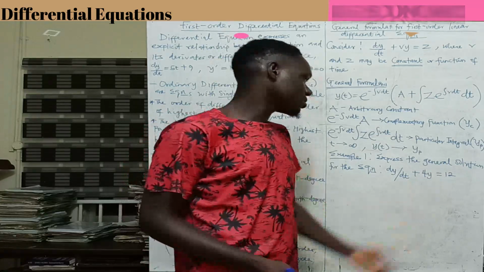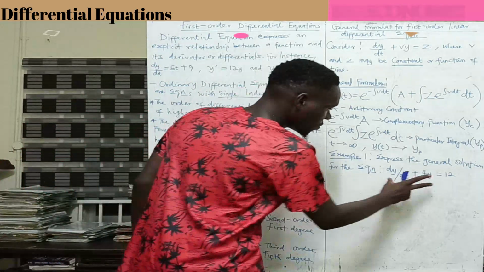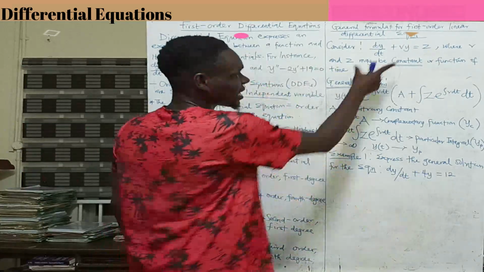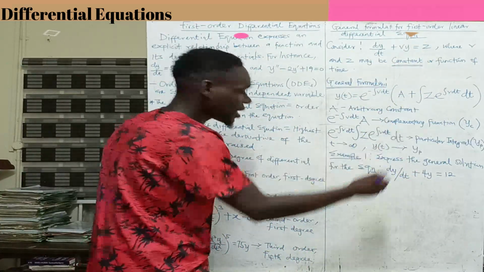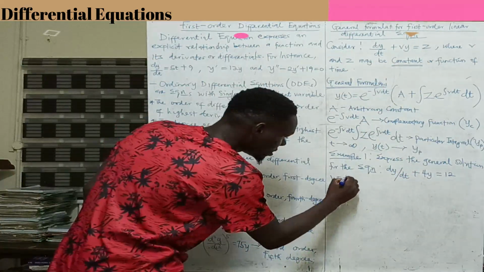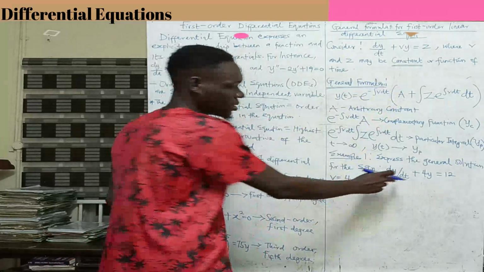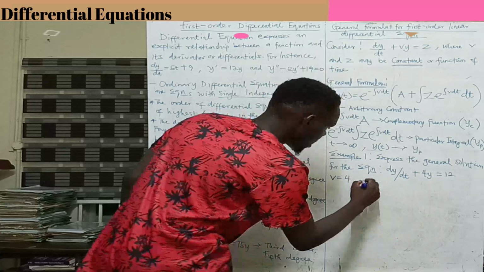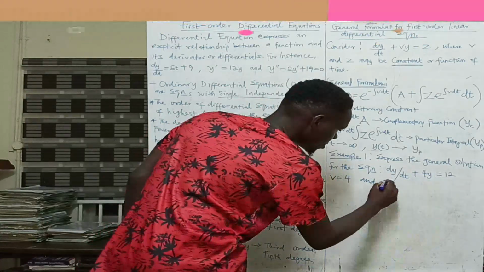So here we have this looking exactly like this. Clearly we can see that our v term is 4, just following the equation we have here, the v is 4 and z is 12.